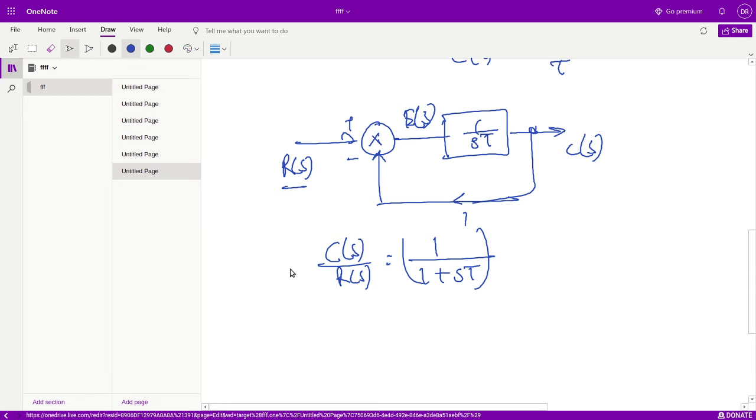Now here again we apply the unit step function, therefore C(s) equals 1 by s(sT plus 1).